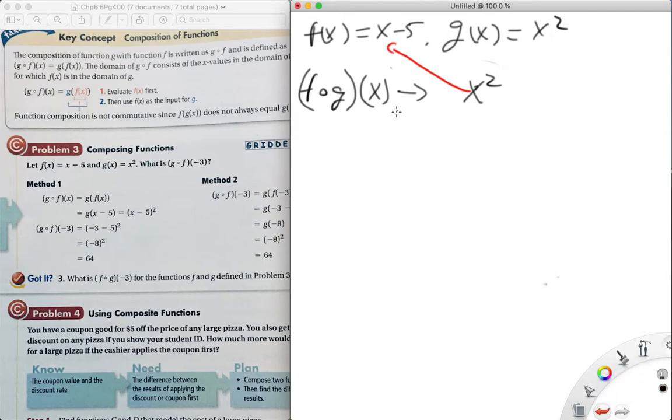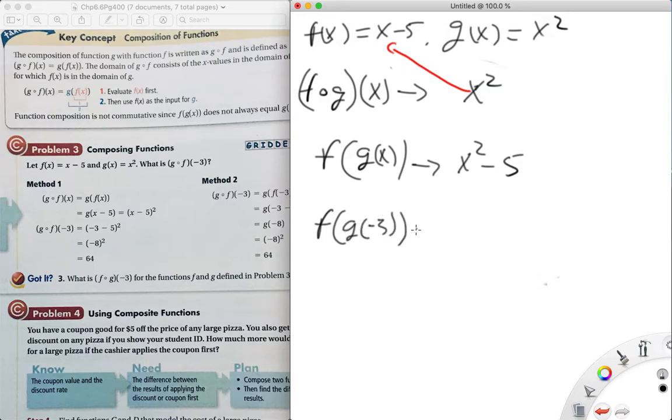So to say f of g of x, we're now going to say x squared minus 5. We evaluated x squared first. We're going to plug that into x for f of x and have x squared minus 5. So when we talk about f of g of -3, this is going to be -3 squared minus 5, which is 9 minus 5, which is 4.